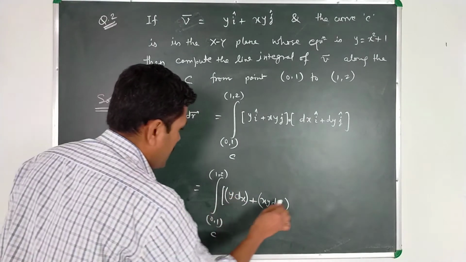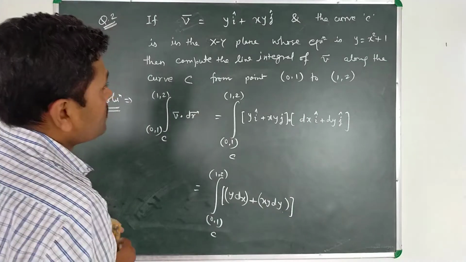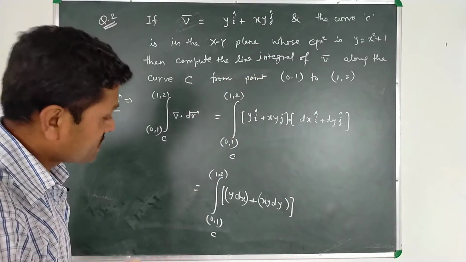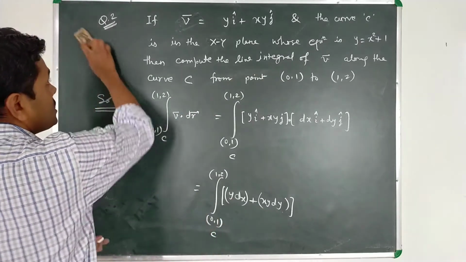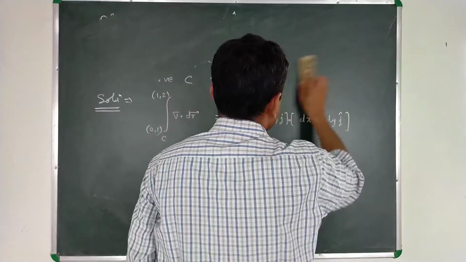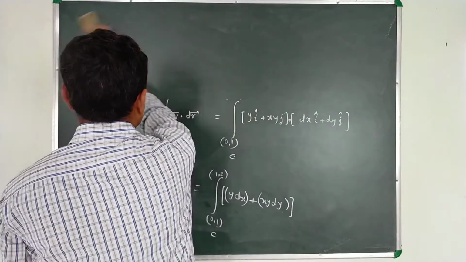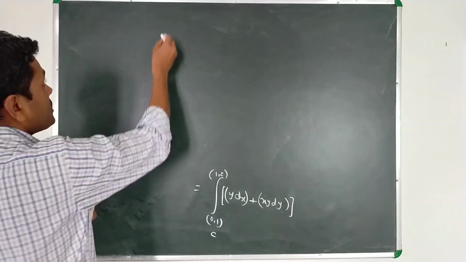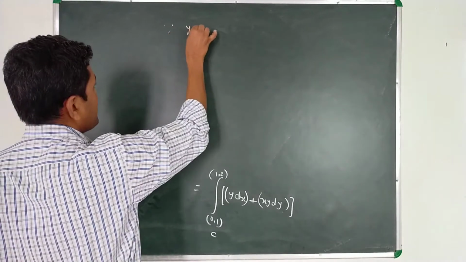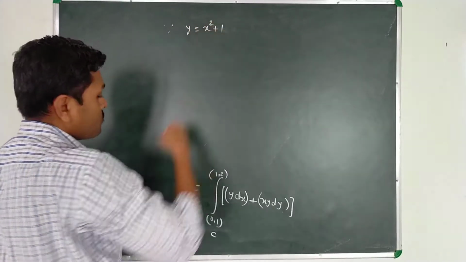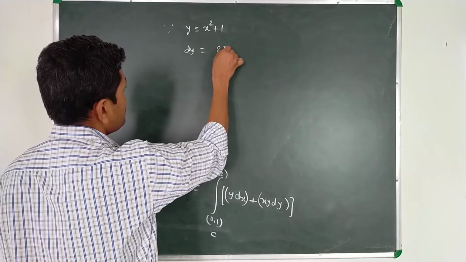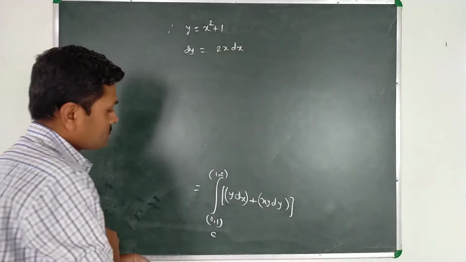Now we know that the equation of the curve is y is equal to x square plus 1. So here we may put the equation of the curve. Since y is equal to x square plus 1, this means dy will be equal to 2x dx.